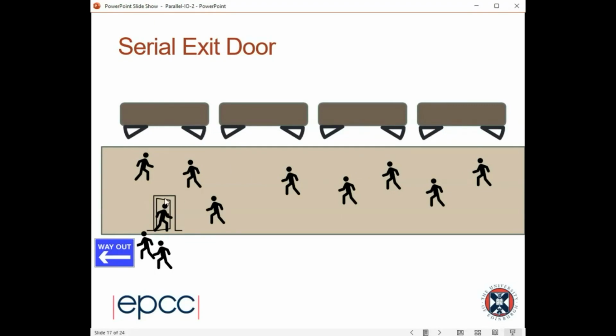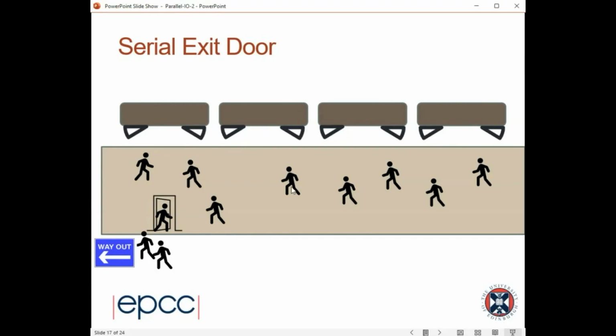Everyone is going to be queuing up to exit the platform through this single door. So if you have a file stored in a single OST, if it's not striped, that's like having a single exit door to your platform. That is going to be the bottleneck.